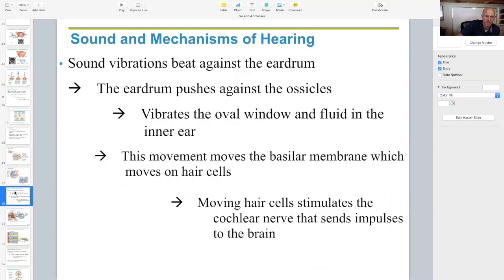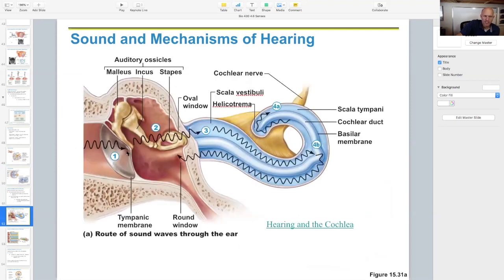Well, here's what it's going to look like. Sound vibration is going to beat against our eardrum. This malleus, incus, and stapes intensify that sound, and this is the oval window. This oval window pushes vibration in the water, in this fluid, the perilymph, and it moves along through here.